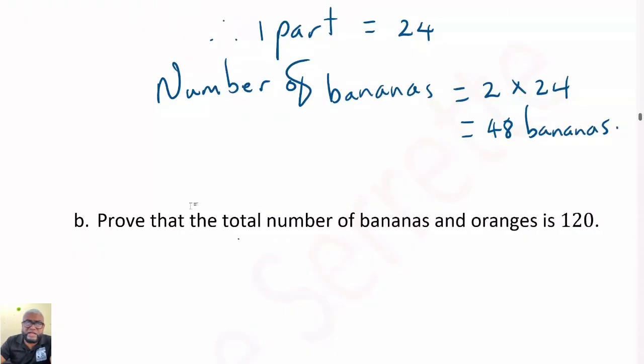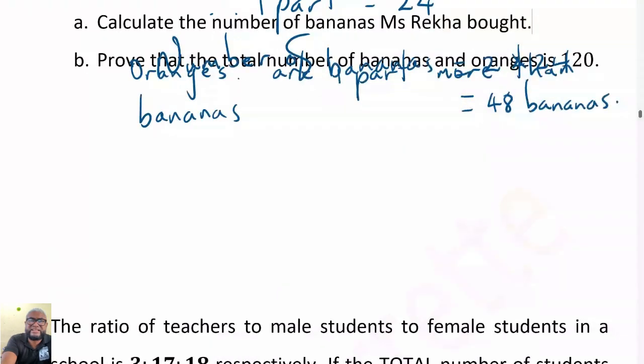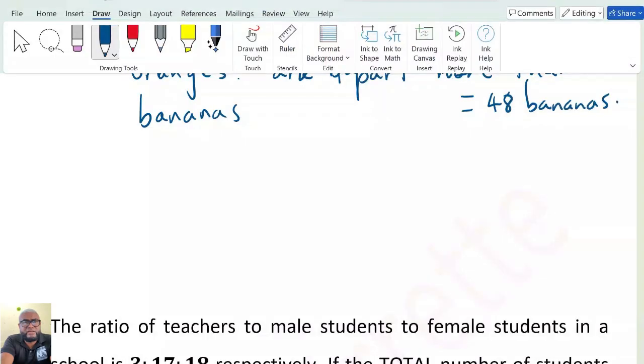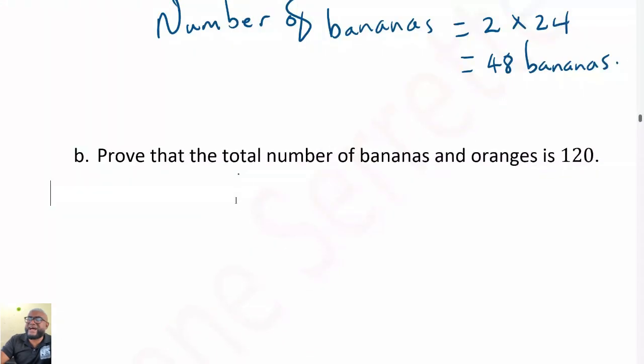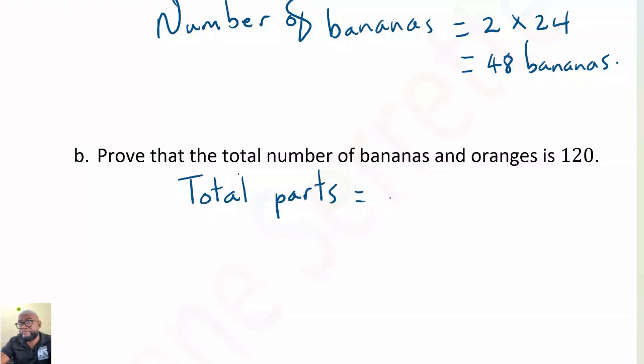Prove that the total number of bananas and oranges is 120. What will be the total parts? How many parts we have in total? 5, because it's 2 plus 3, which is 5 parts.